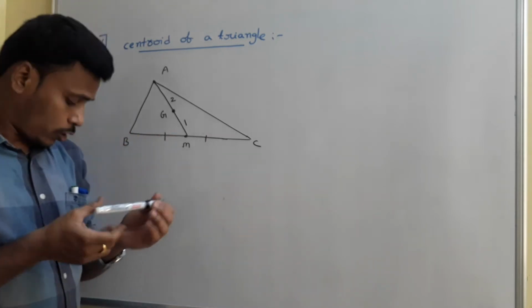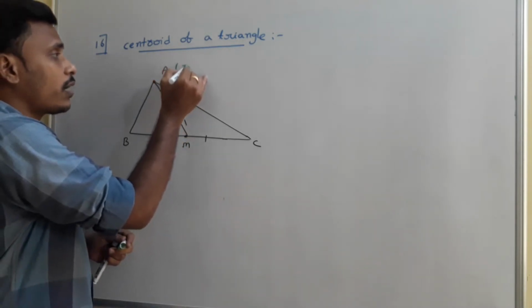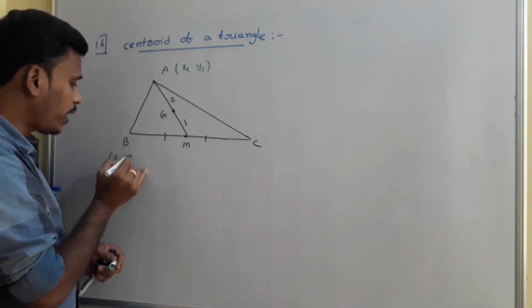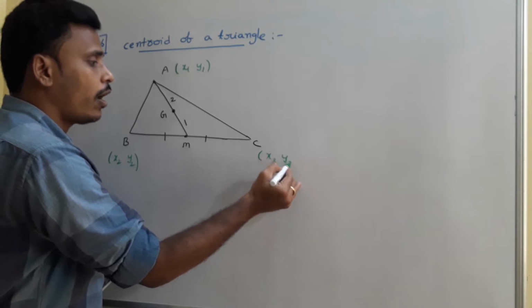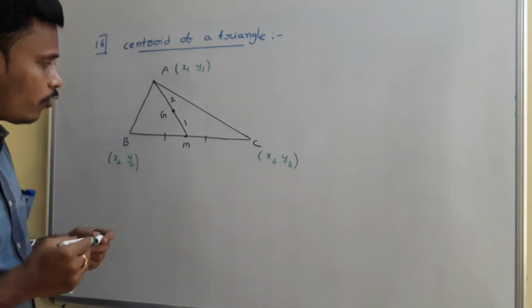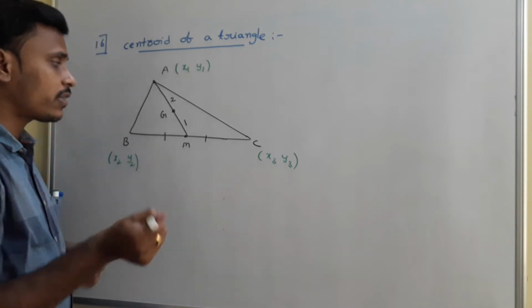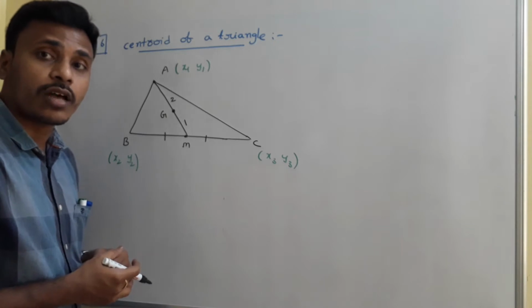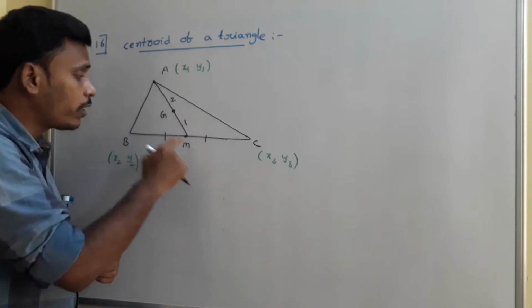Whenever we calculate the coordinates of the centroid, the coordinates of the vertices are given: A(x1, y1), B(x2, y2) and C(x3, y3) are the vertices of a triangle. Sometimes the questions ask you to find the midpoint or foot of the median.